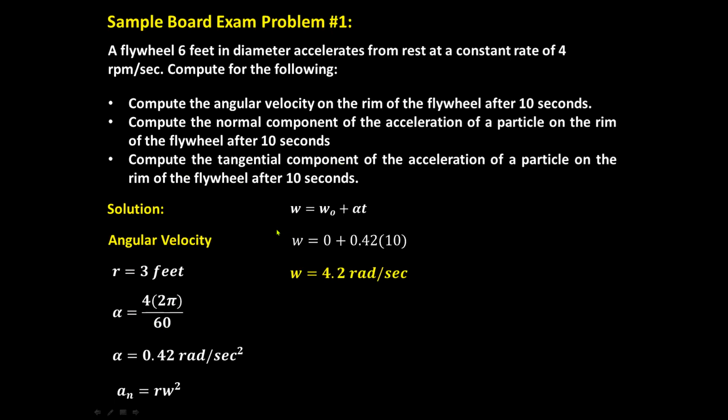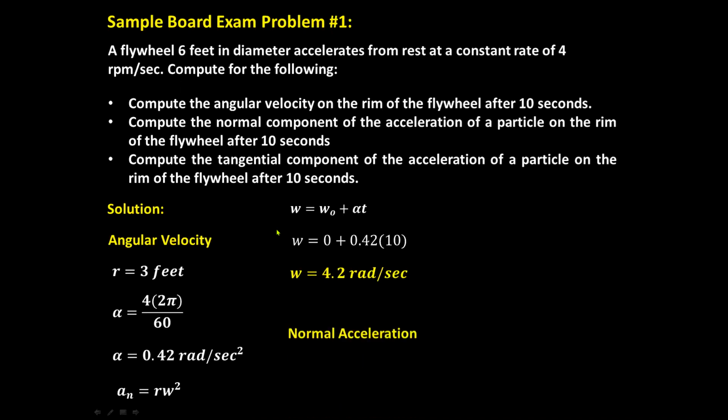Okay, 4 RPM per second. Nakuha na yung alpha. Okay. Paano na-calculate yung angular velocity? Yes po. After na-calculate yung alpha, substitution na lang doon sa kinematic equation natin.